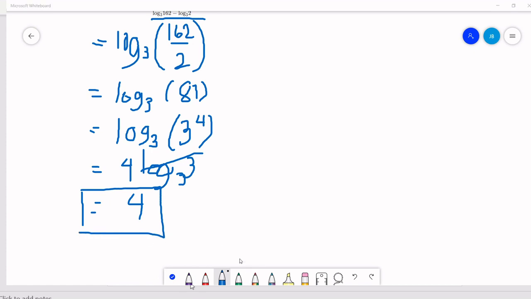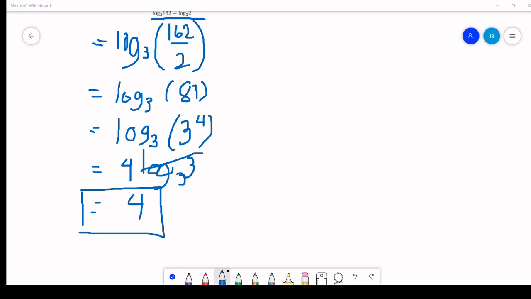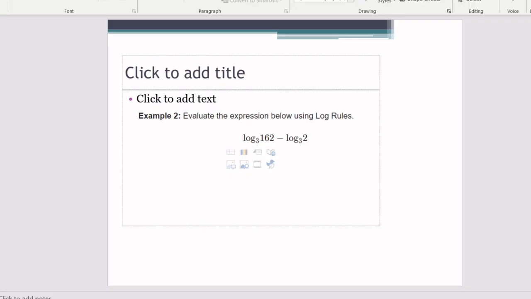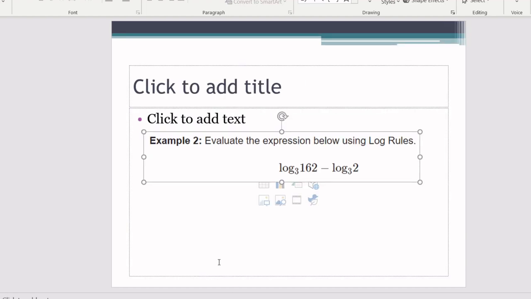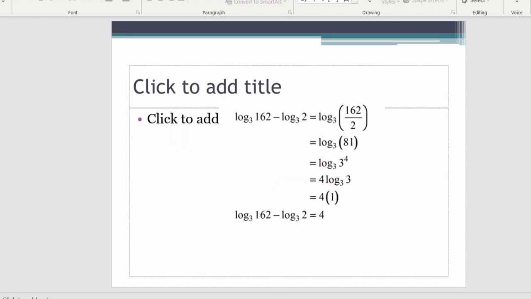Okay, let's go back to the PowerPoint presentation. Let's see if our answer is correct. Yes, it is. So that is equivalent to 4.